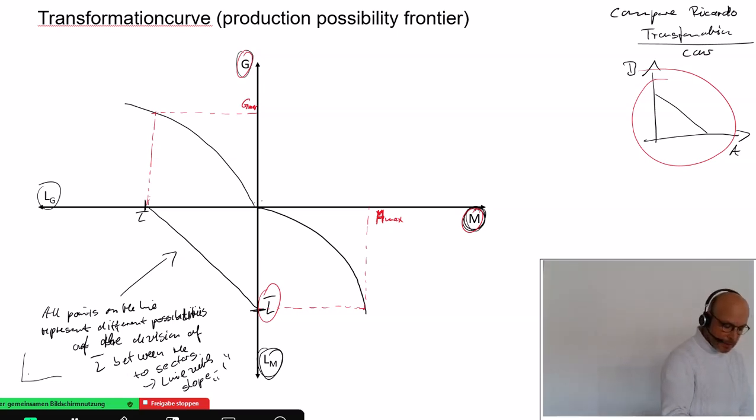Well, let's take maybe 80% of L bar still working in the industrial sector. 80% roughly would be then here. Moving up here, this would be then the amount here.